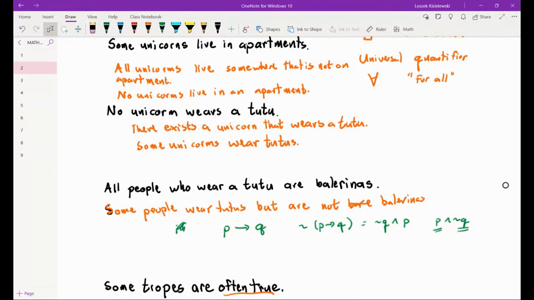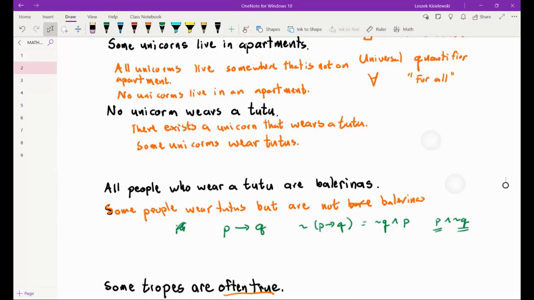Well, no unicorn wears a tutu means that there's no unicorn in the universe that you'll see a tutu on, right? So the opposite of that is that there must be a unicorn that is wearing a tutu somewhere.